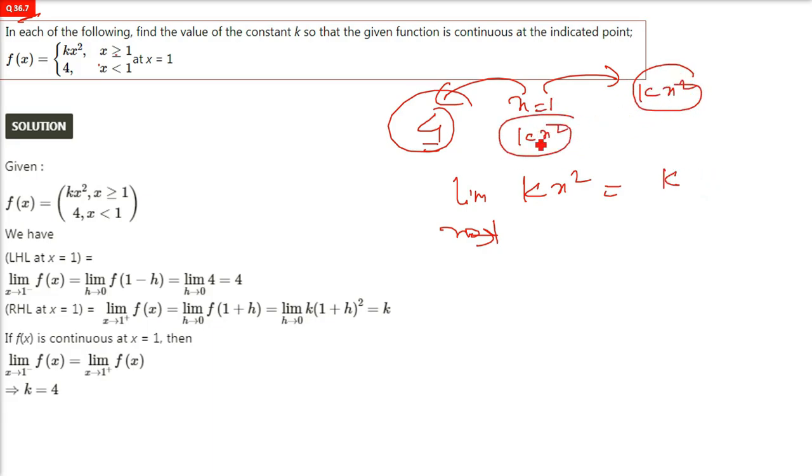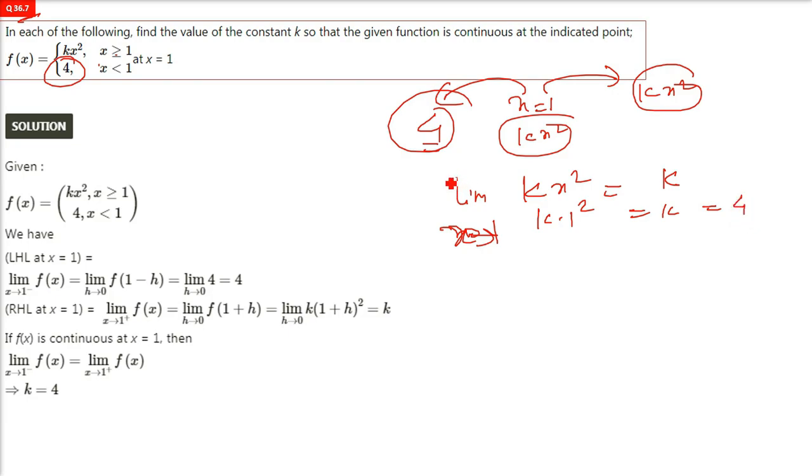But in order to show the examiner that I have already checked the left hand limit and right hand limit, and then we have equated, and that's how k has come as 4, you can also do that. So basically what I'm trying to insist here is that while you are solving, you have to go through that whole procedure of k, LHL and RHL.